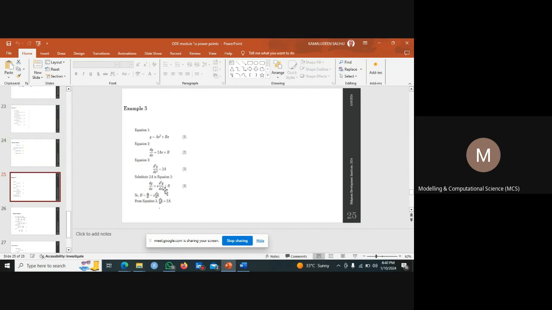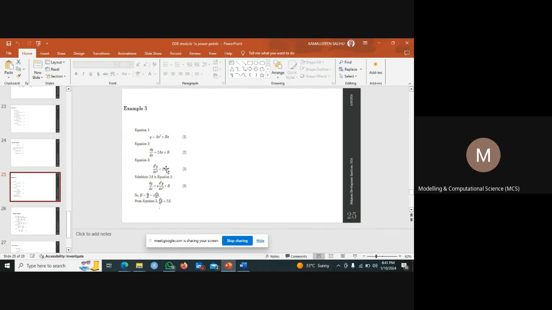So from there, we can make our b the subject of the formula. So after making the b subject of the formula, we have this, because we just take this to both sides, or subtracting x d squared y over dx squared from both sides, we have our b to be this.